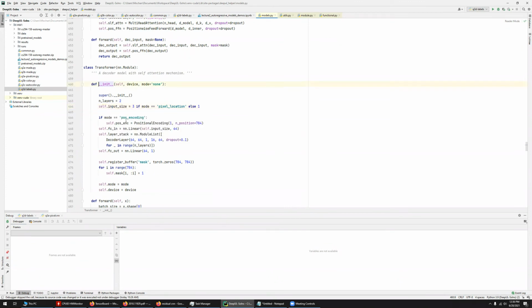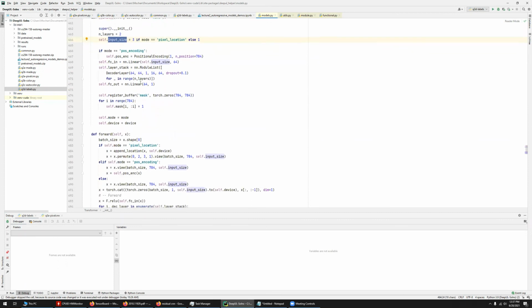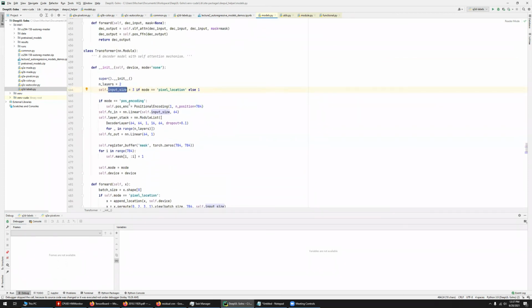Actually, wait, a second. They said mode equals pixel location. If mode is pixel location, then input size is 3. They're doing something else here, it looks like. Because position encoding would be the mode, but I think it's the pixel encoding mode, so they're not using this. Look at where they're calling it, in the code, like is it pixel location or encoding?